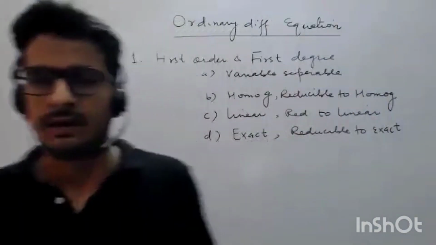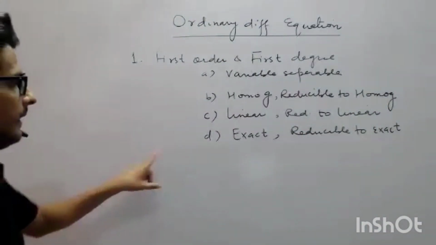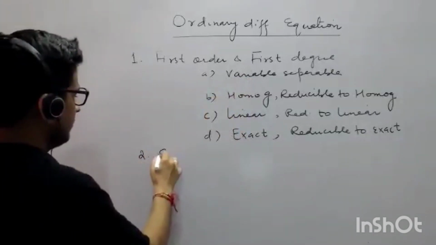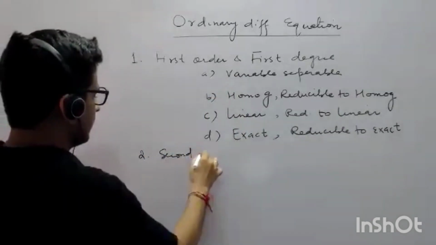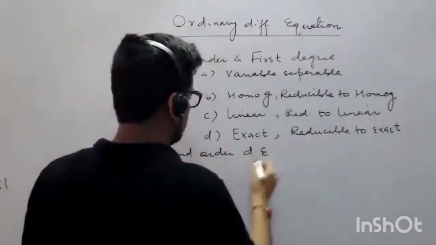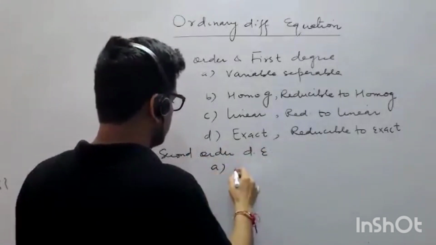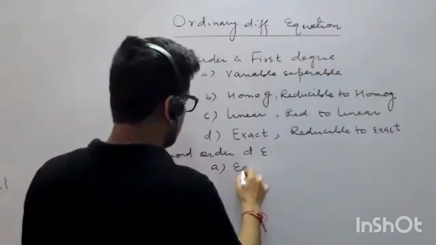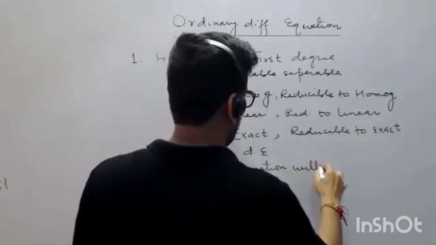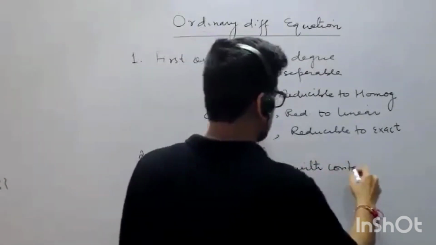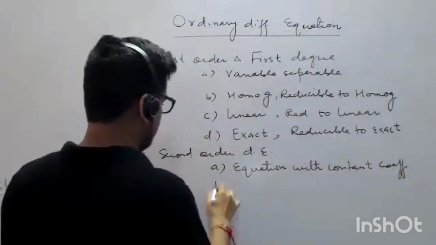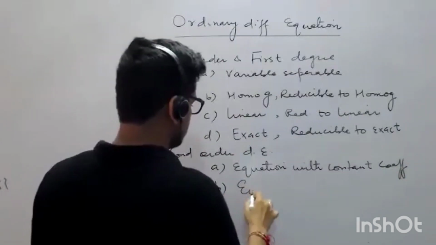Okay, so this is the first part that we will discuss, and the second part will be second order differential equations. In this, first of all, we will discuss equation with constant coefficients, and then Euler's form.